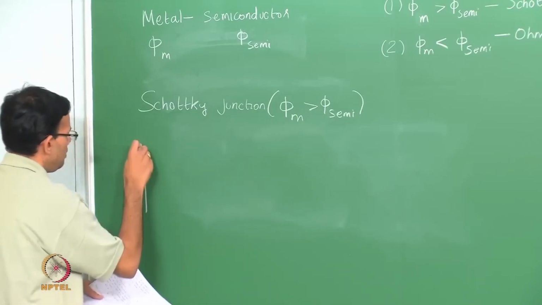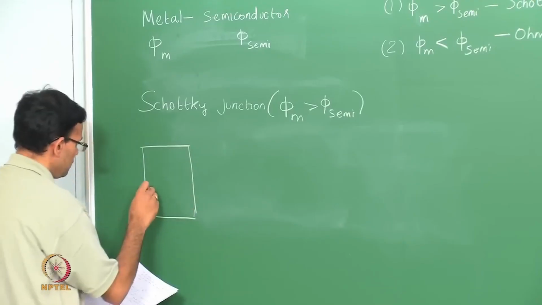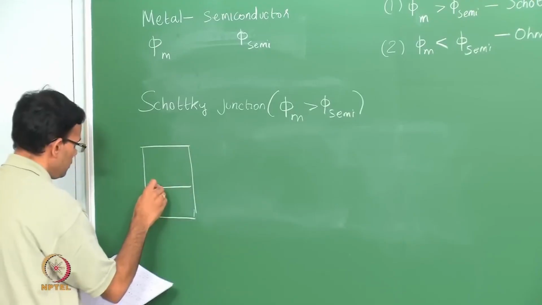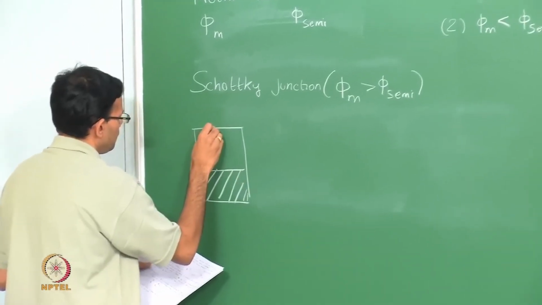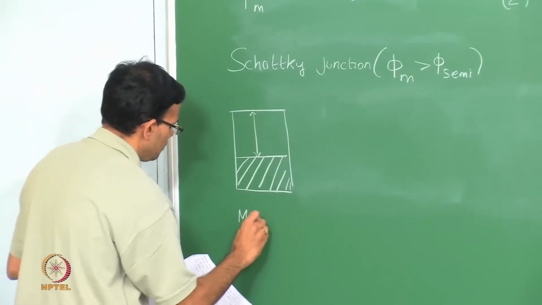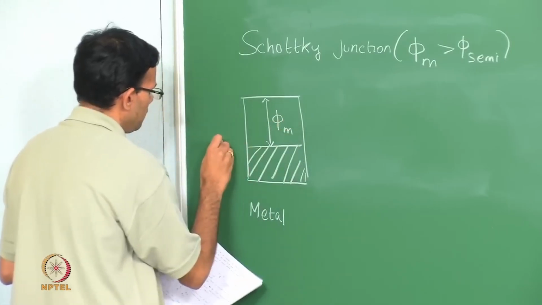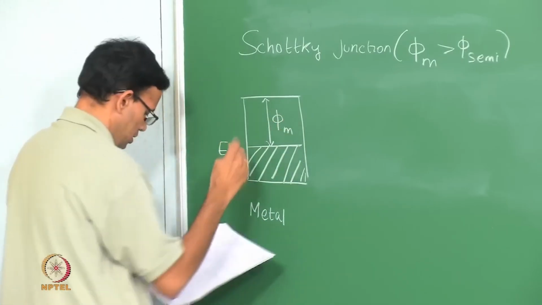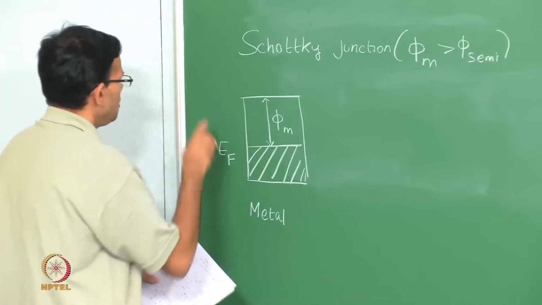So, I have the metal on my left, so this is my metal. It has a work function of phi m. This is the Fermi energy. The top of the metal is your vacuum level.